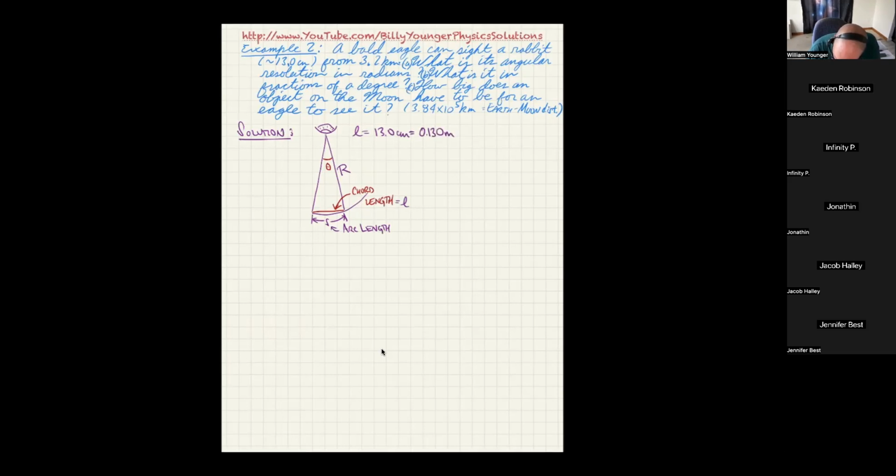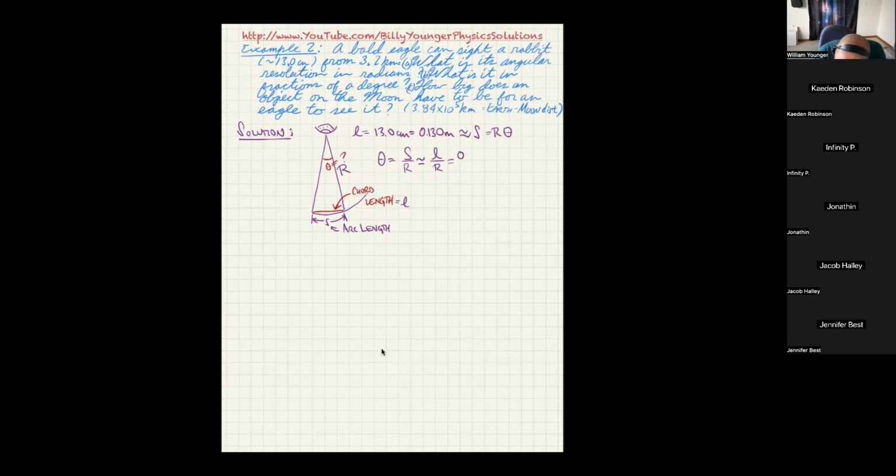And I'm going to say that is approximately equal to S. And of course, S is R times theta, and theta is what we want to know. That's the actual angular resolution. So theta, the angular resolution, is equal to S over R, which is approximately equal to L over R.